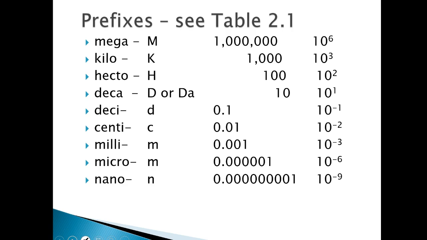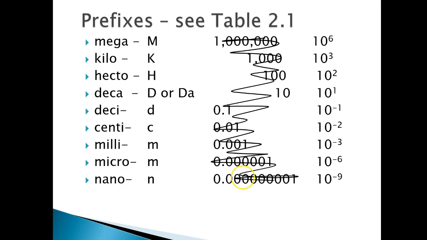And here are the prefixes. Okay, this, I don't care if you know this or not. Okay, and in terms of the important conversions, the ones you're going to use the most often in this class, this one, this one, this one, this one, this one, and this one. Okay, we will talk about how to do these, but not very many people use those.